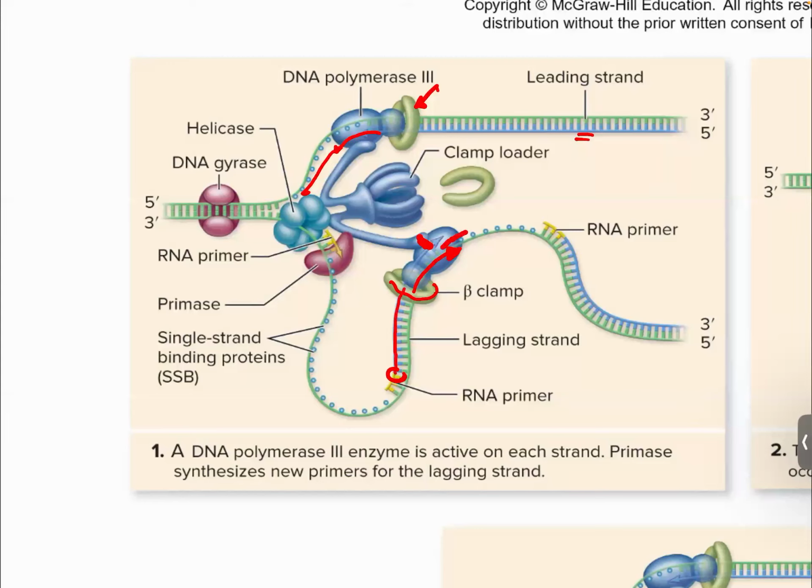It's going to continue the process until it hits this new primer up above it, and then it'll stop. Notice behind it, you have primase, which is busy laying down a brand new primer because you've opened up new exposed template that's been stabilized by single-stranded binding proteins. So while DNA pol III is filling in a segment, primase is priming the next segment.